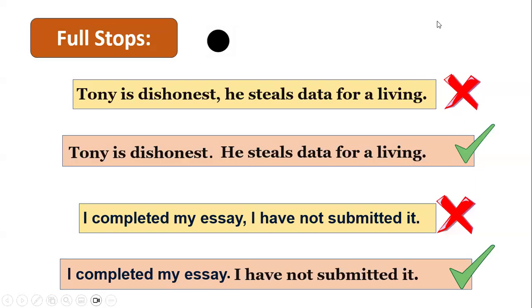Now, I should say that this is not usually the best solution, especially if we are talking about higher levels, especially in cycle 3. If most of your writing is like this, then you are using too many simple sentences, which will not guarantee that you will get a high mark in writing. Okay, so let's try other solutions.